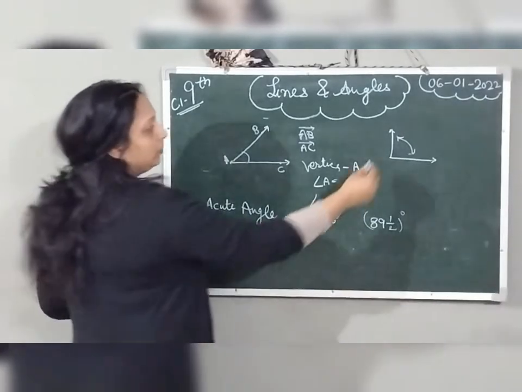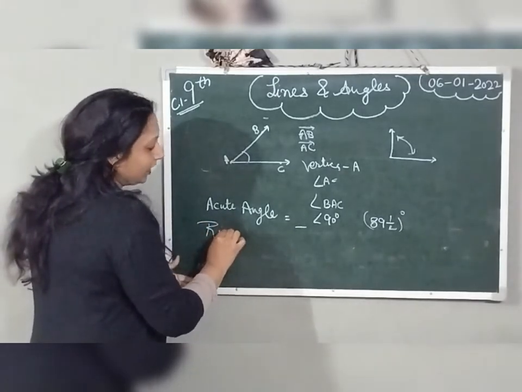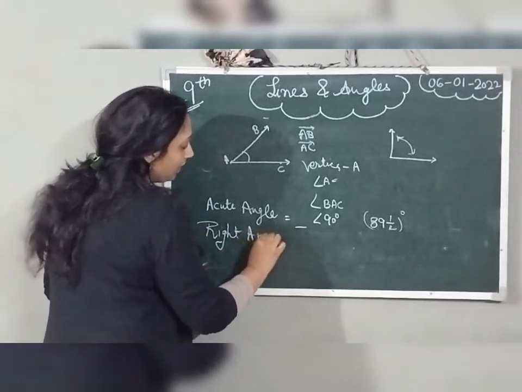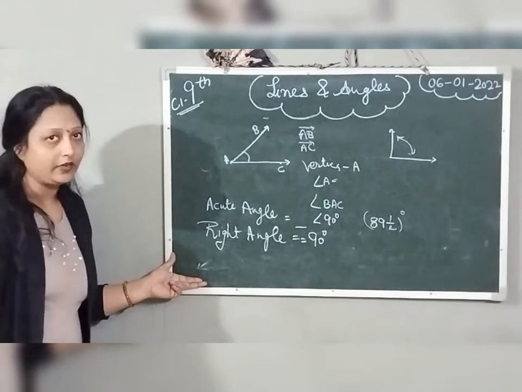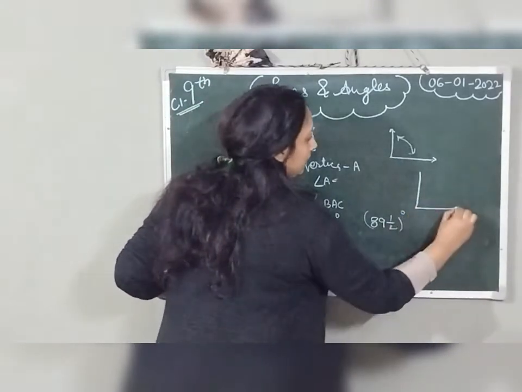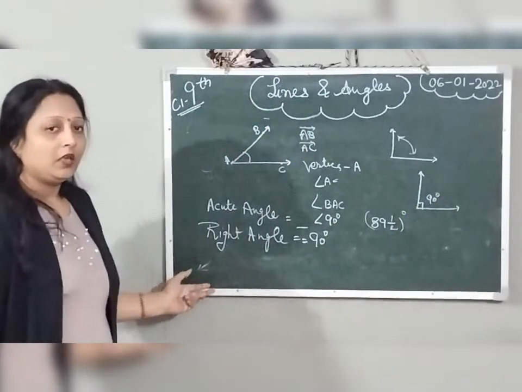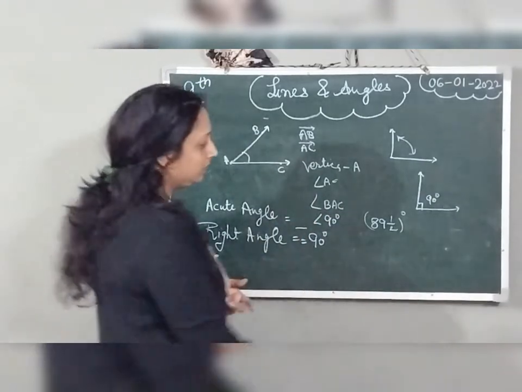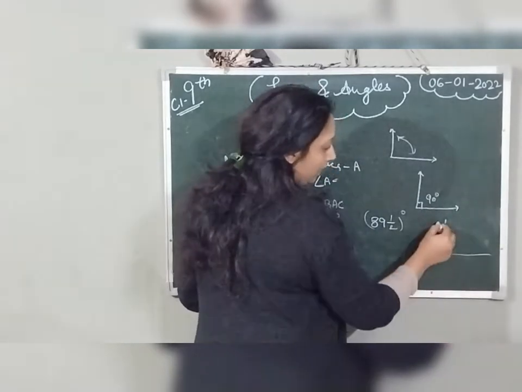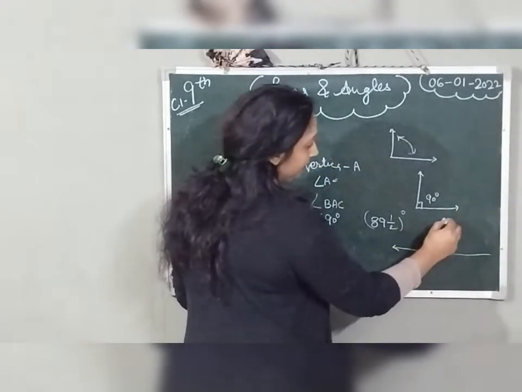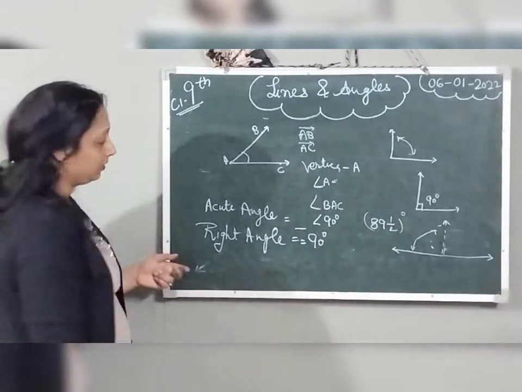If I talk about the angle of 90 degree, what can I say it? It is the right angle. When it is equal to 90 degree, then it is called the right angle. So, this is the right angle, or we can say 90 degree angle. If the angle is more than 90 degree but less than 180 degree, then it is called the obtuse angle.